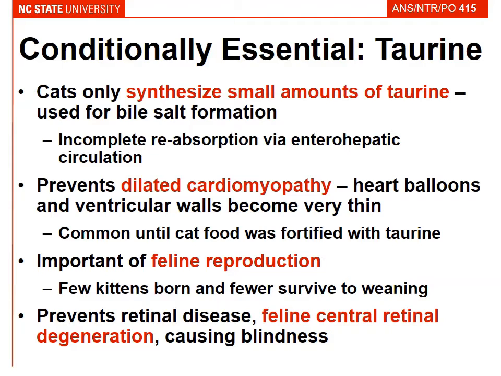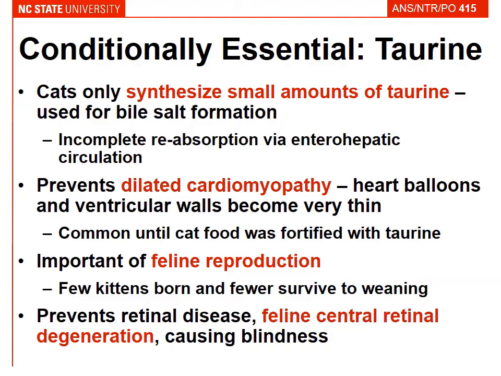And when they are deficient, when they have inadequate amounts, we're going to have dilated cardiomyopathy. So this is basically heart failure, where the heart balloons at the bottom of the ventricles and the walls are very, very thin. And this was really common in cat food until it started being fortified with taurine in the 70s, once we discovered what the problem was.